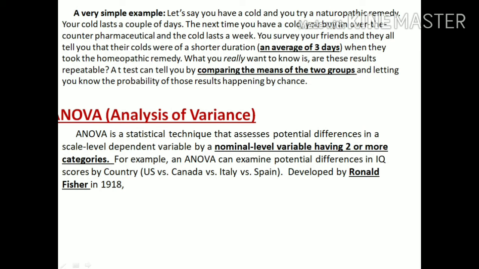Clear? Related to this, one more concept I'm telling students, that is ANOVA. ANOVA is nothing but variances. See, in the t-test we are using different variables because of comparison. One variable is not enough to achieve our purpose of comparison. At least we require two groups to compare.